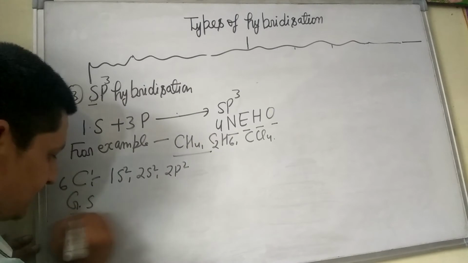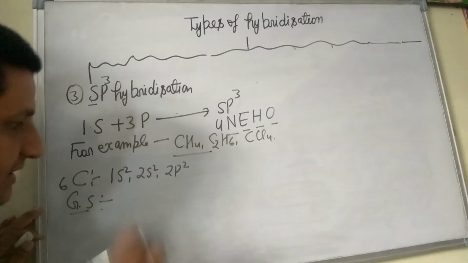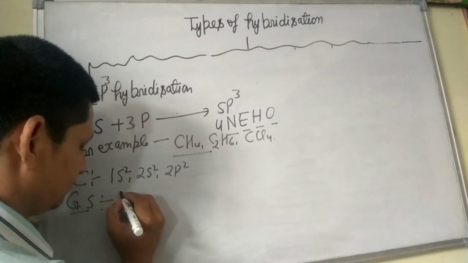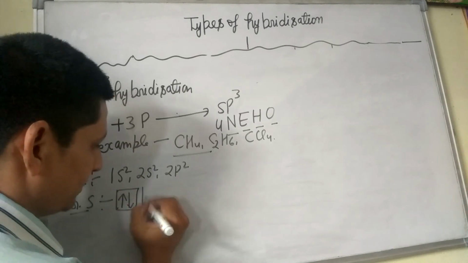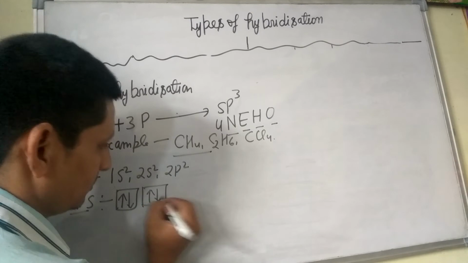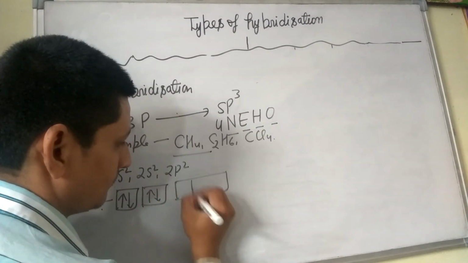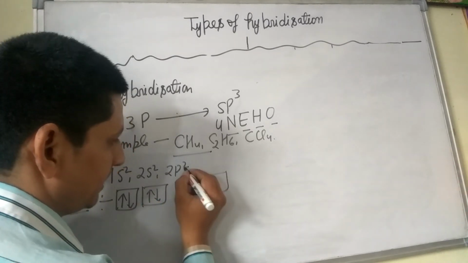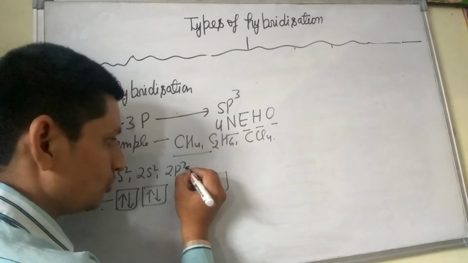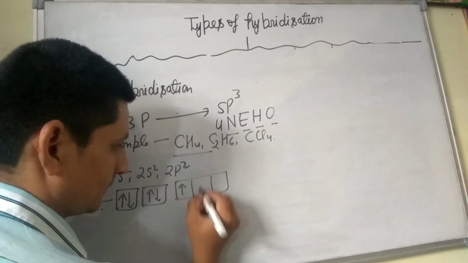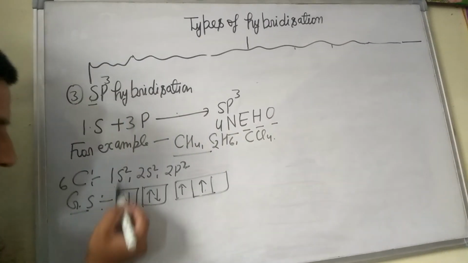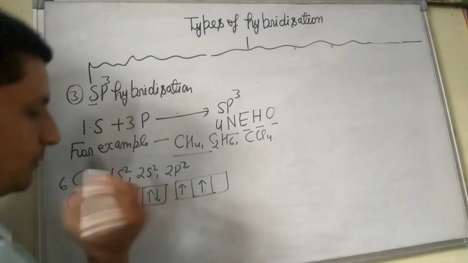In the ground state, electrons fill the orbitals as 1s 2 electrons, 2s again 2 electrons, and 2p 2 electrons.